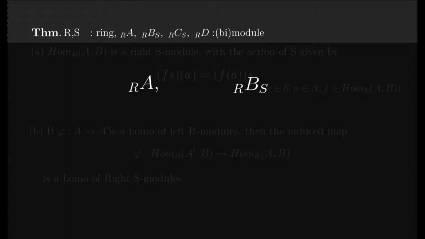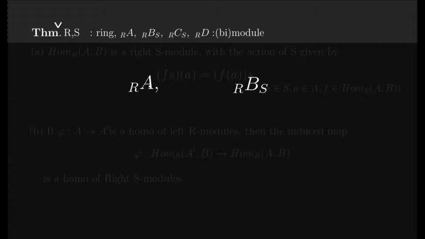Now, I will introduce some theorems about the bimodule, but prior to this, I introduce some notation. The notation is the left-subscript R, A, and the left-subscript S, B. What does this notation mean?